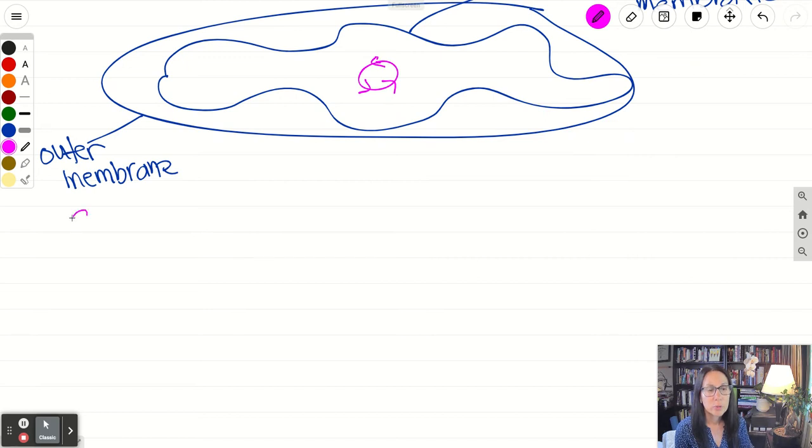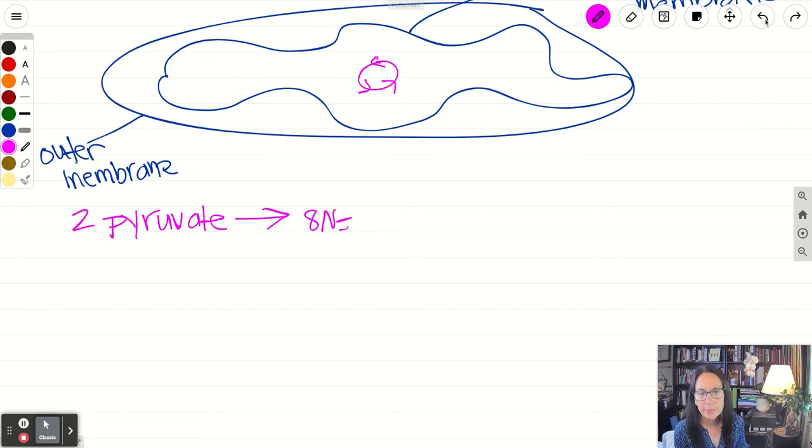We're going to have 2 pyruvate, and that's going to go into the mitochondria, and then what's going to be generated out of this is we're going to get 8 NADH.